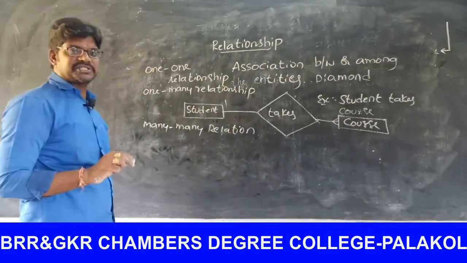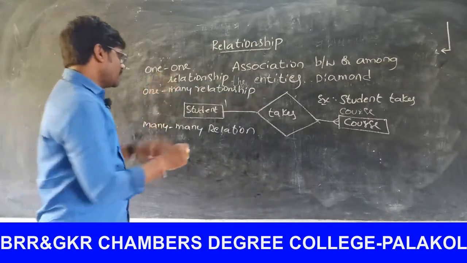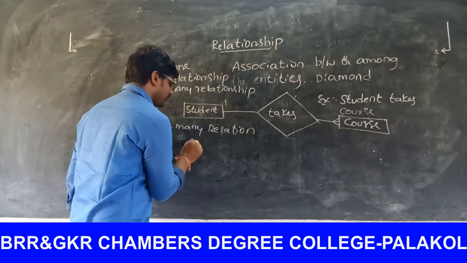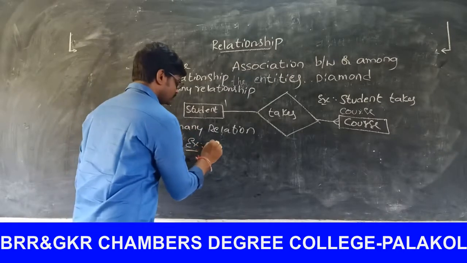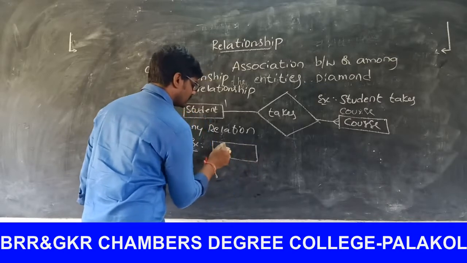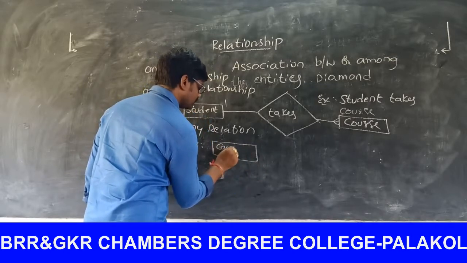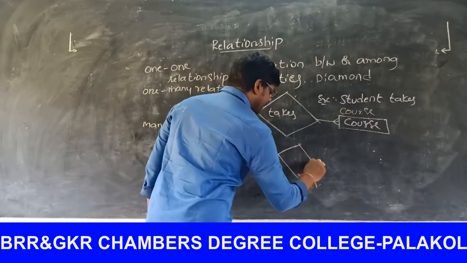What is a one-to-one relationship? For example, country has one capital.